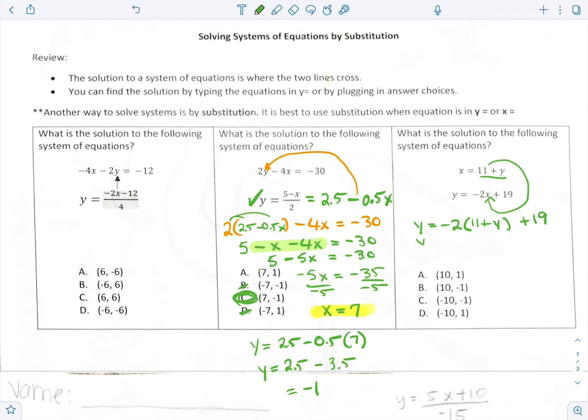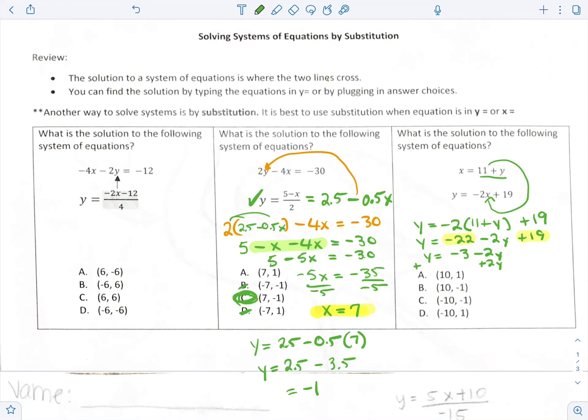Now it's just about solving for y, so we distribute: negative 22 minus 2y plus 19. Negative 22 plus 19 gives us a negative 3, so that's y equals negative 3 minus 2y.